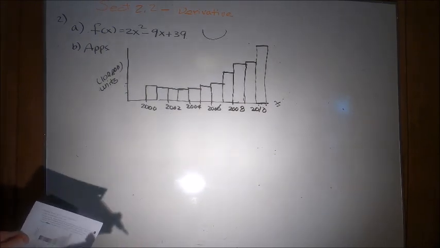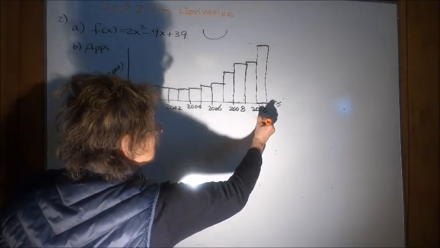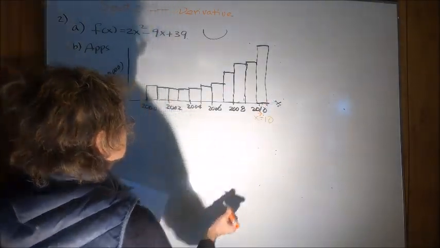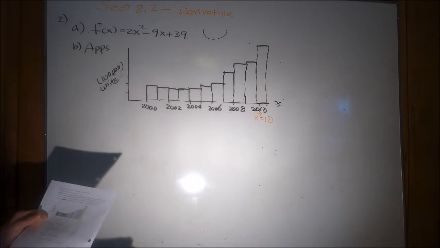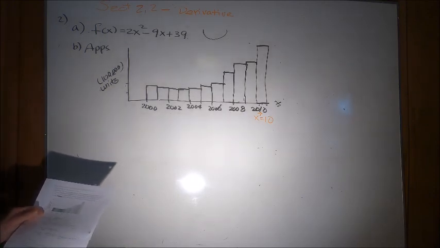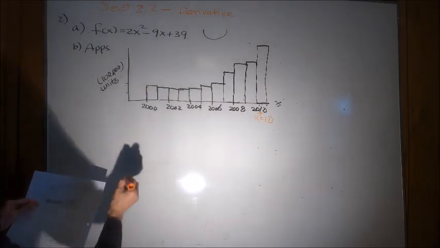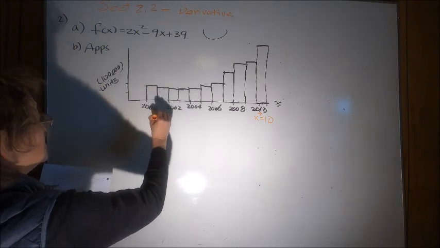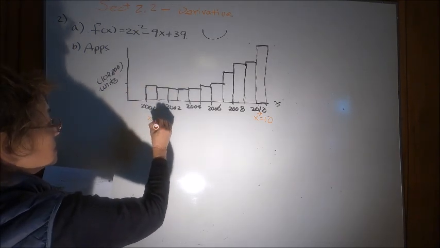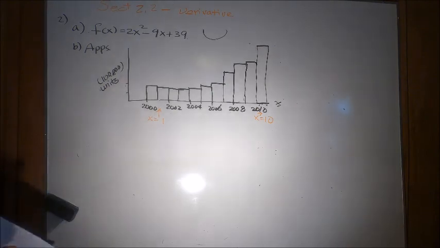x is 10 since 2000, so x is 10 means what? 2010. And x is 1 means what? Here x is 1 is year 2001.